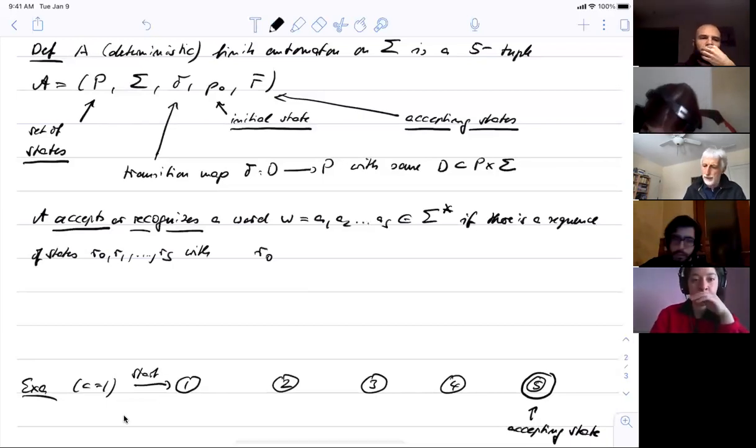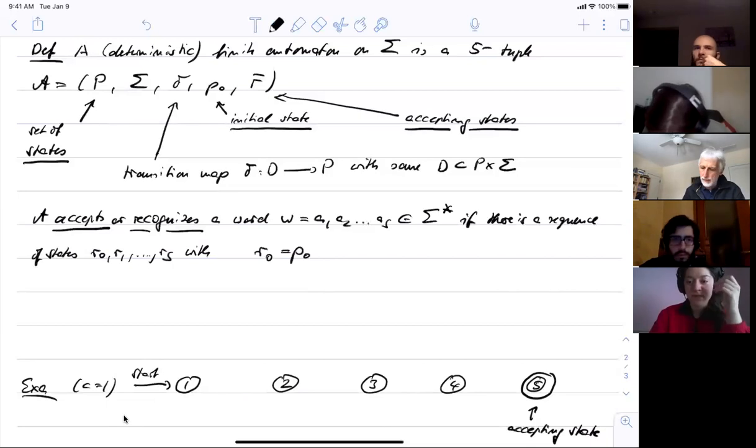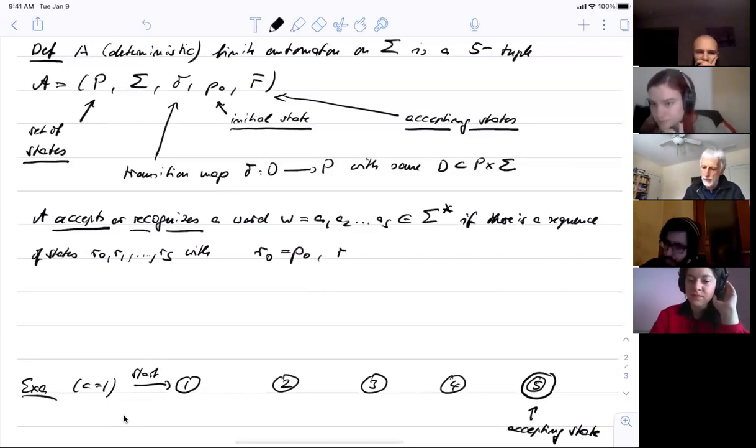The first state should be the initial state, so that should be P0. And the last state has to be an accepting state so that we can actually end the word. So this is an accepting state, RS.